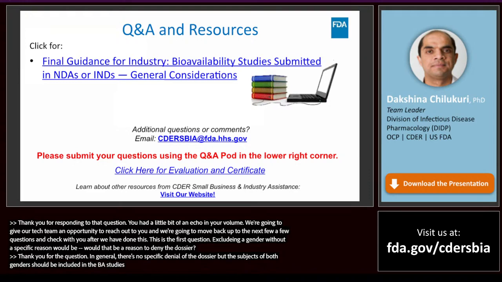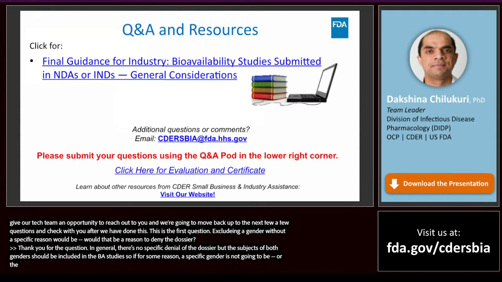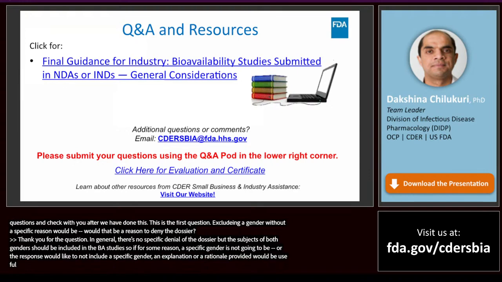If a sponsor would like to not include a specific gender, then an explanation or some sort of rationale would be useful. A discussion with the specific therapeutic area or the division could be made to support that particular point of view. Thank you.